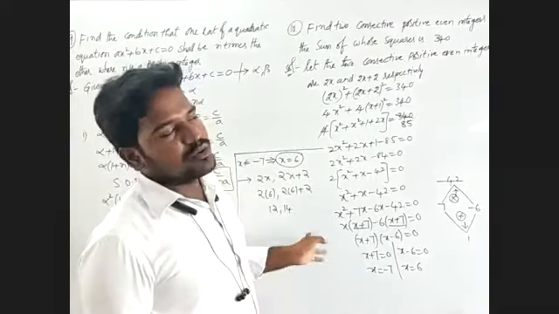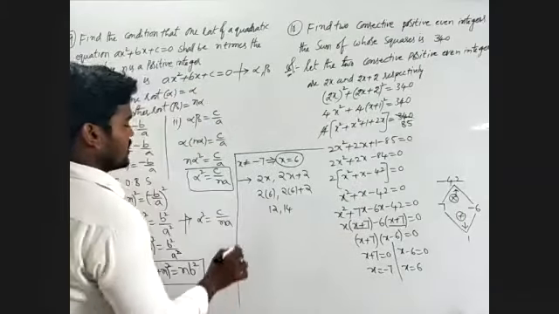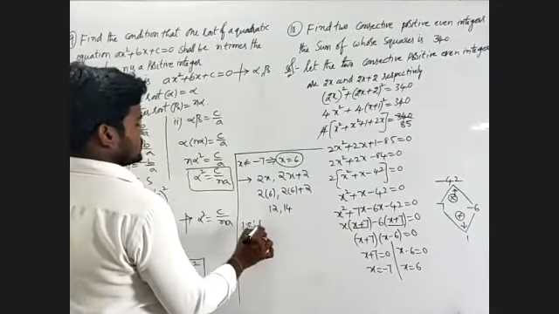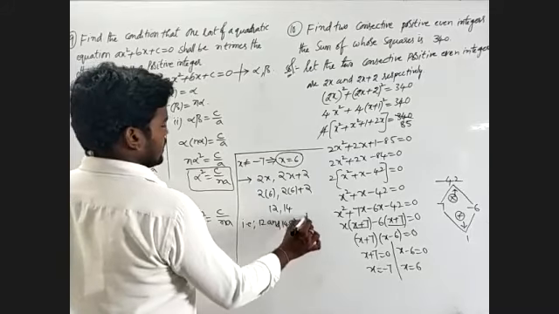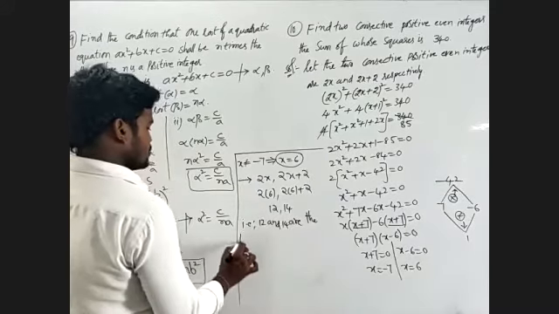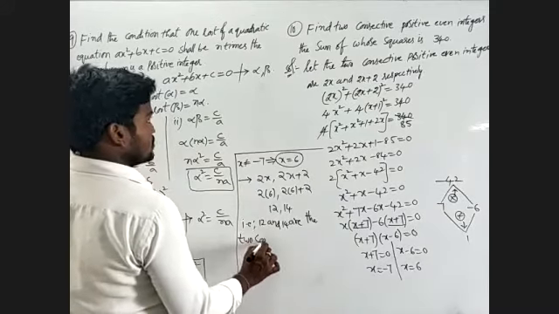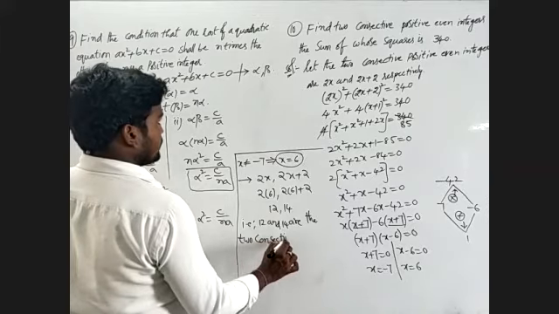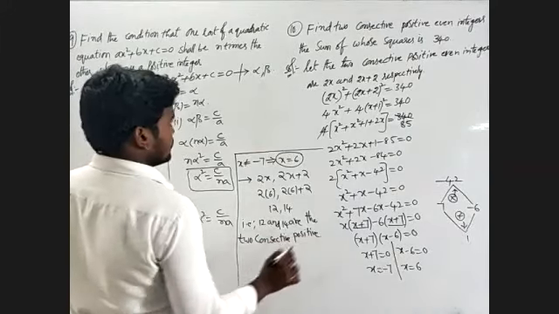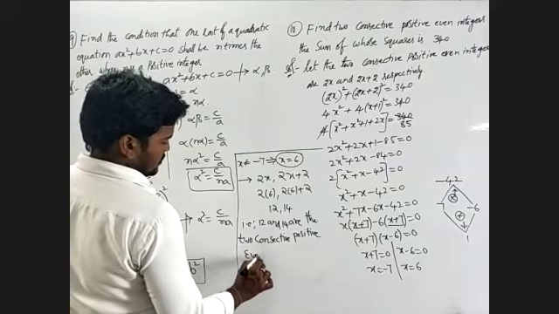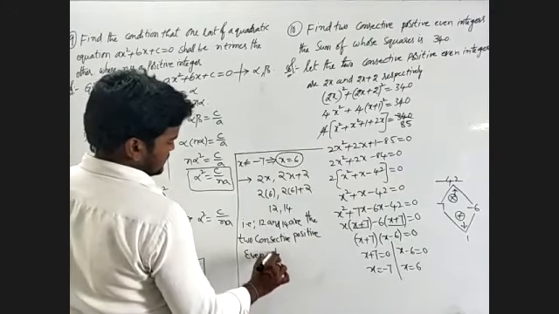So 12 and 14 are the two consecutive positive even integers.